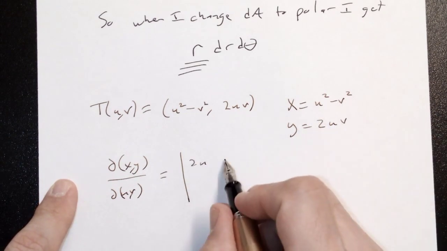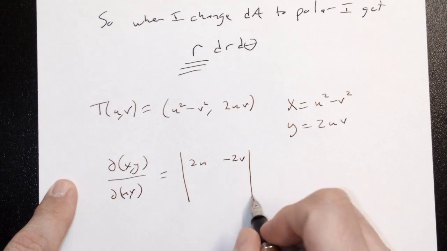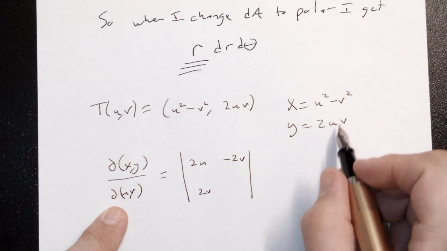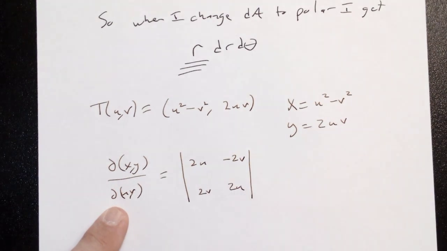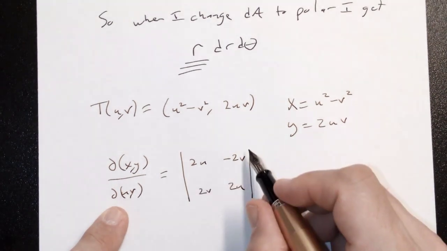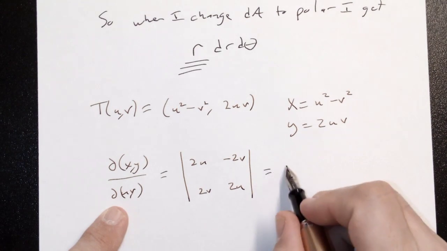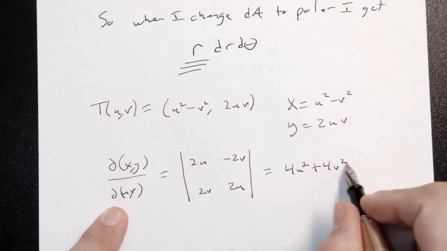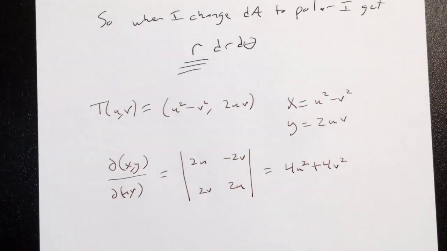With respect to v, it's minus 2v. y with respect to u is 2v. y with respect to v is 2u. When I do my cross for the determinant, I get 4u squared minus negative 4v squared. That's never negative. Since that's never negative, I don't have to worry about the absolute value.